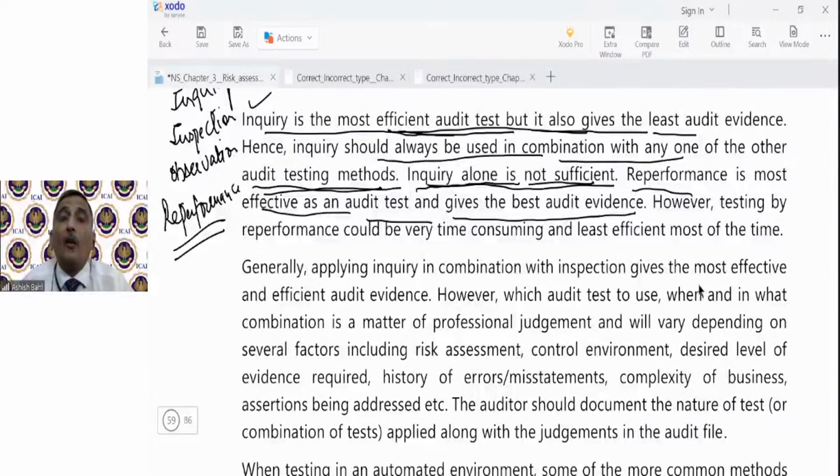Okay, but obviously it would have a cost and it would be time consuming, and therefore we say that it is not efficient. It would be giving the best audit evidence. Although it would be time consuming and costly, and not efficient, it would be effective. It would be very effective.